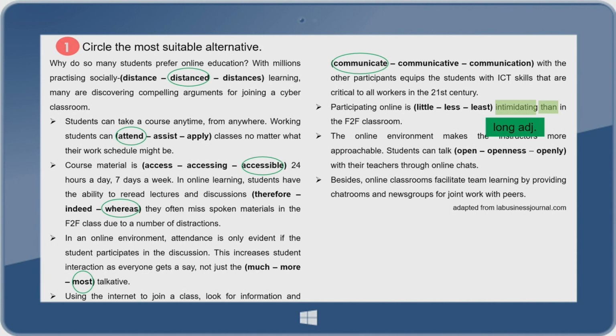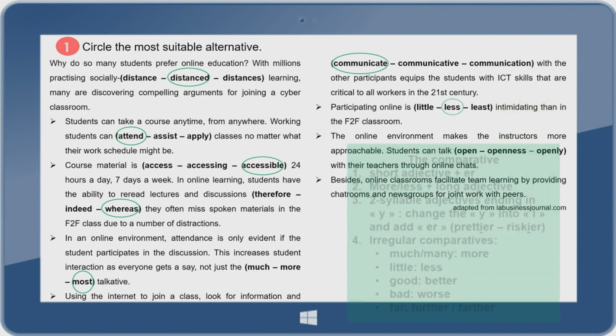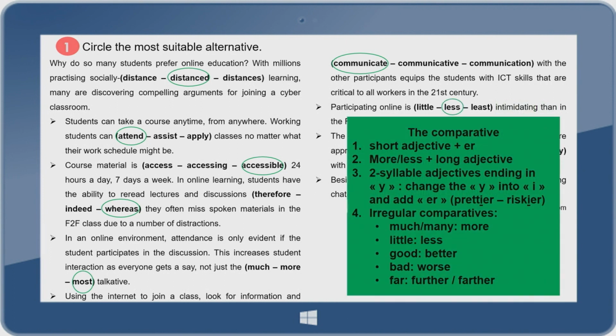intimidating, which is a long adjective, followed by than. You know that when we have the word than, we need to use the comparative form. So, less or more plus long adjective. So here we have the word less in the parentheses. Again, a reminder of the comparative form. Short adjective plus er, more or less plus long adjective.